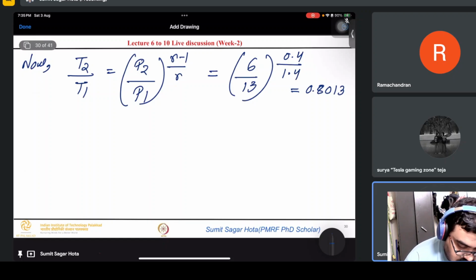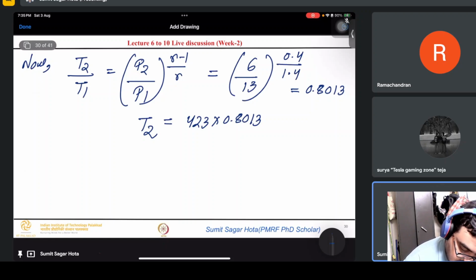Now you're going to find T2: 423 into 0.8013, which gives 339.16 Kelvin.